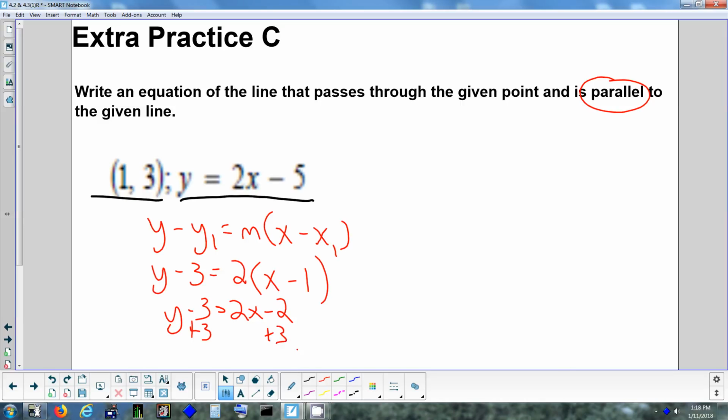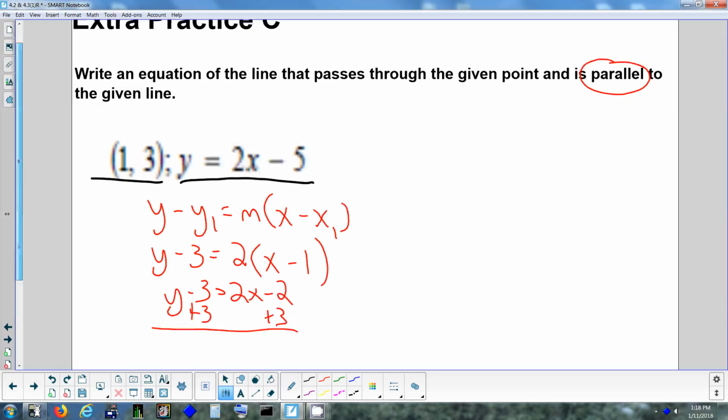Ginny, why couldn't I add 3 to the 2x? What would the 3 need to have to be able to do that? You have to have an x, right? It doesn't. That's why we're only going to add it to the 3. All right? So when I do that, Ginny, what do I get?